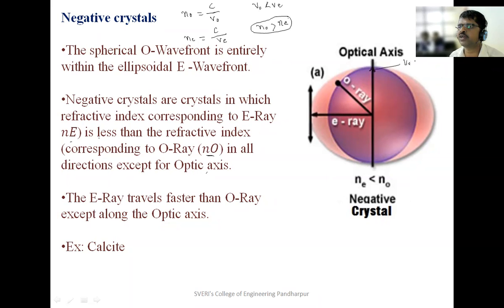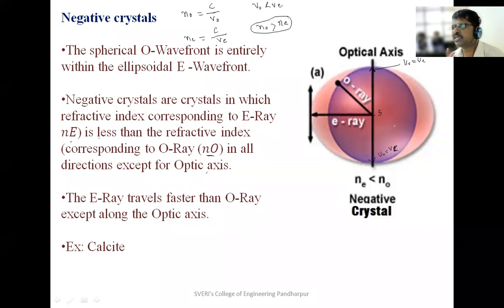V0 is equal to VE. Or take this direction: S is the source of light, in this direction along the optic axis, V0 is equal to VE. The refractive index of the ordinary ray is equal to the refractive index of the extraordinary ray along the optic axis.